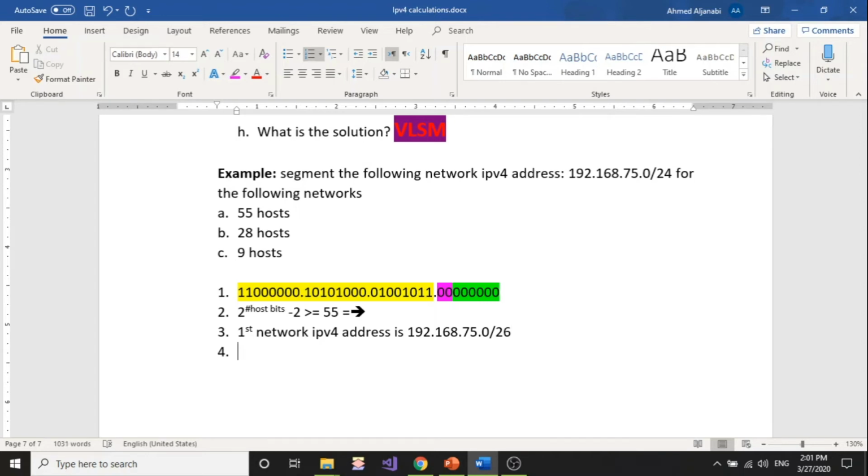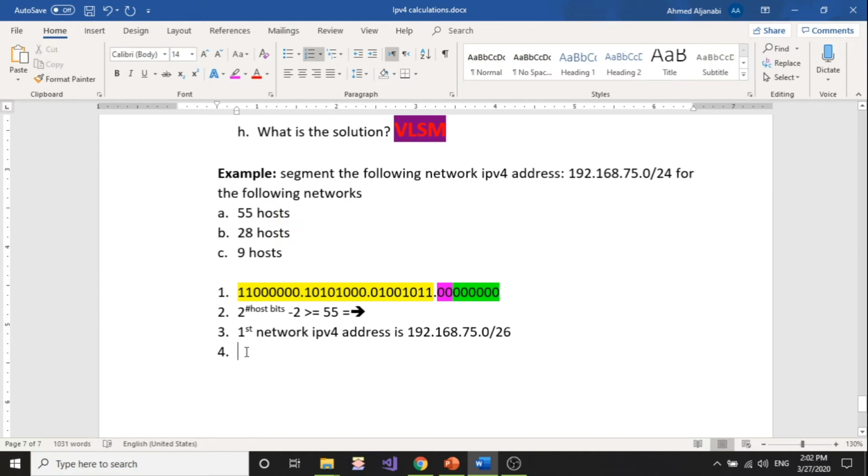Now, what will be the second network IP address? Well, this is not the second network IP address, but I'm just going to show you what's going to happen. From this network IP address, from those 2 bits, I can have 4 different network IP addresses. What I'm going to do, I'm going to take the second available network IP address and subnet it or segment it further for this purpose.